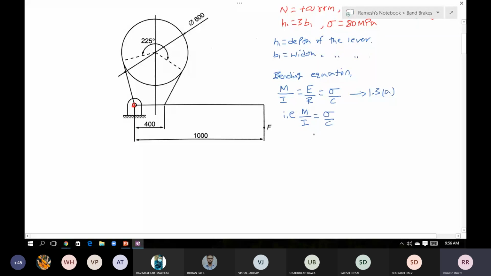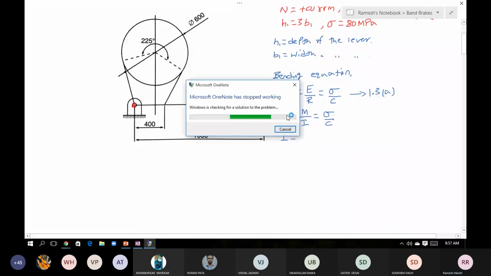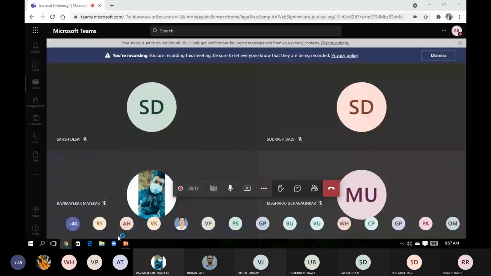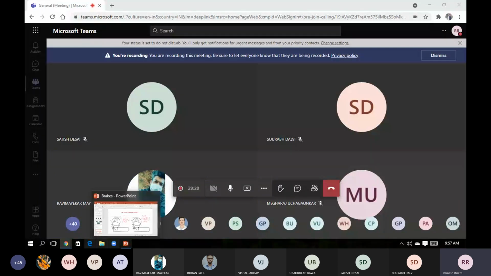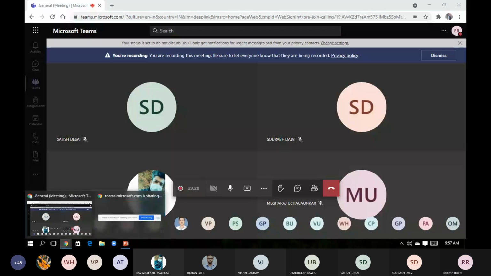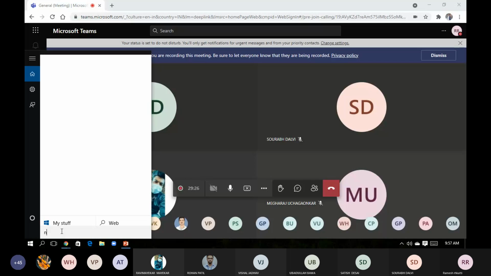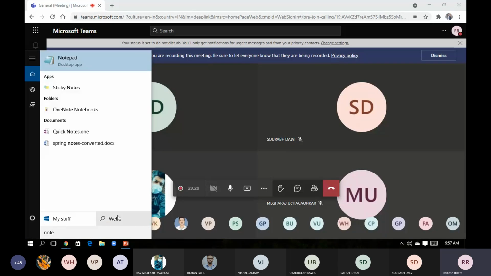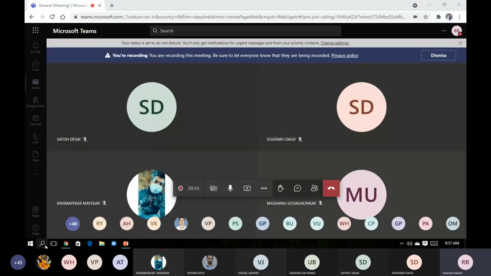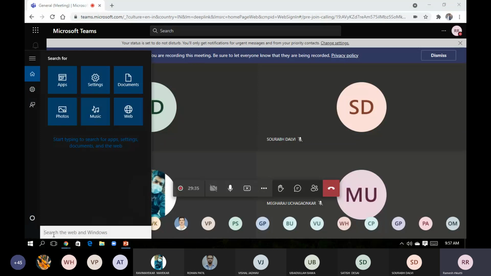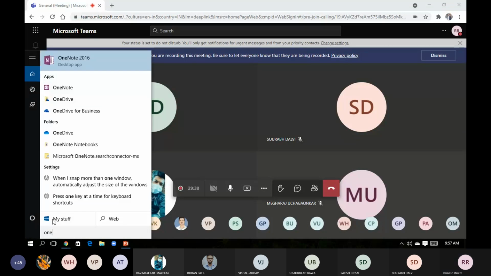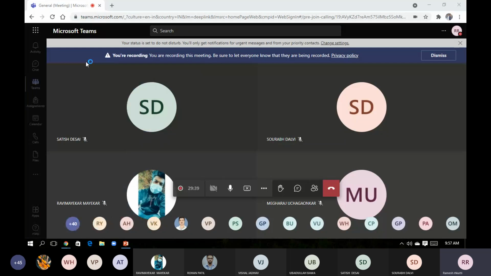Now for a rectangular cross section, moment of inertia is nothing but, sorry, wait, I will open this. Now it is visible.